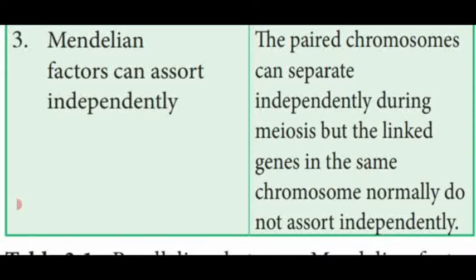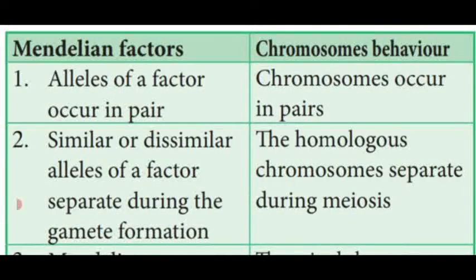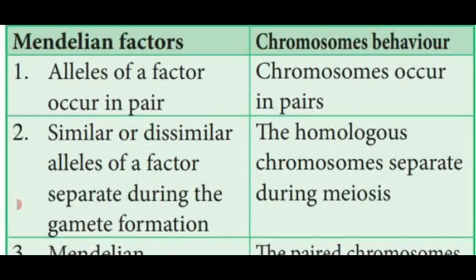Dear students, kindly note down the point: the chromosome which contains different genes located in the same chromosome, and which are closely located, do not assort independently. So this is the difference between Mendelian factor and chromosome behavior. Kindly note it down in your textbook. It is an important 3-mark question.